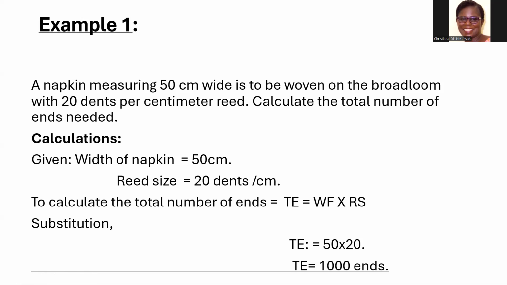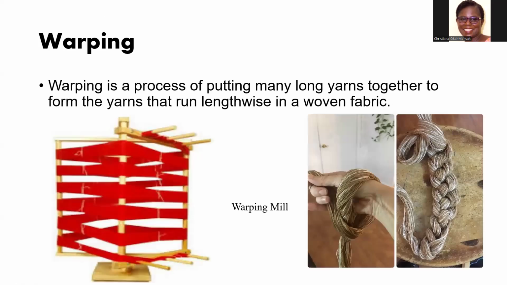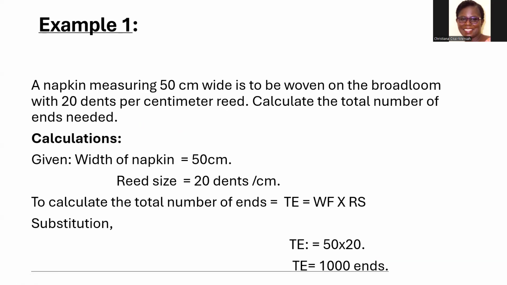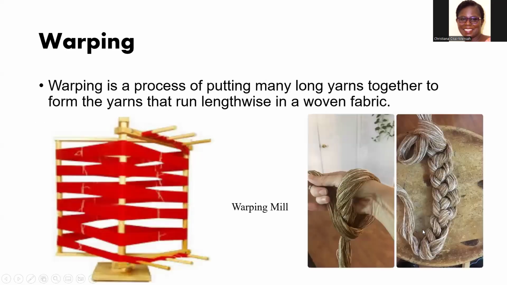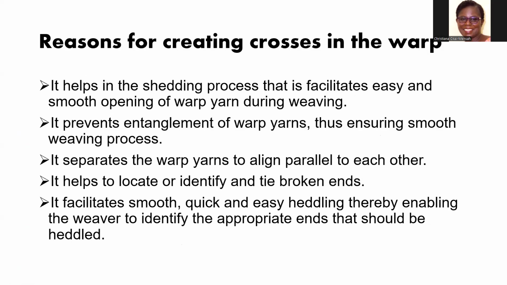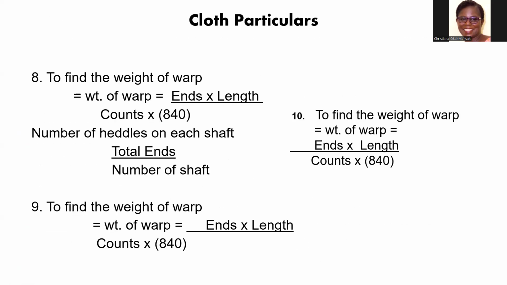With the help of the examples that I have given to you, you can do some of the work that will be given to you. I gave you just one example.